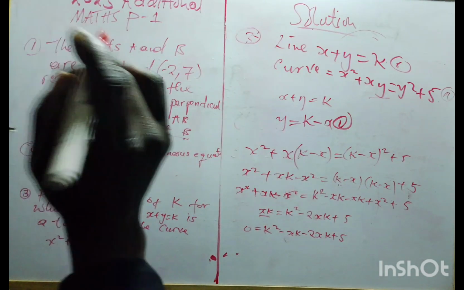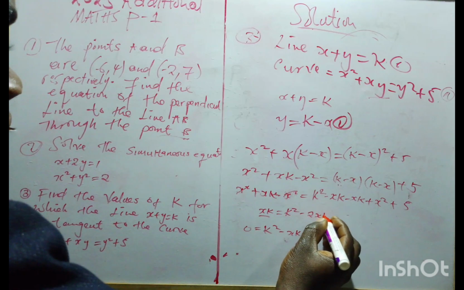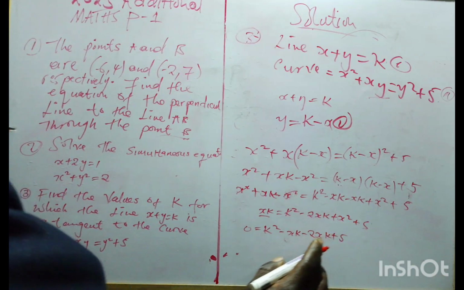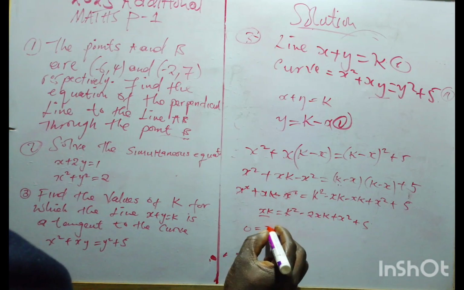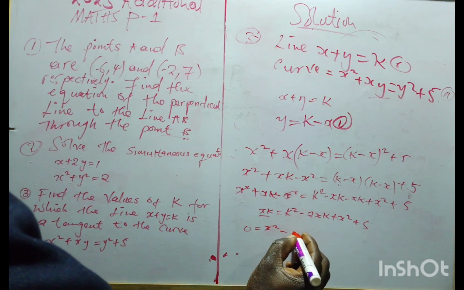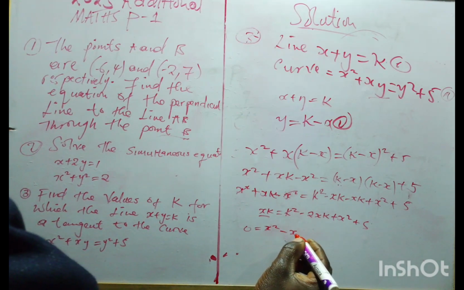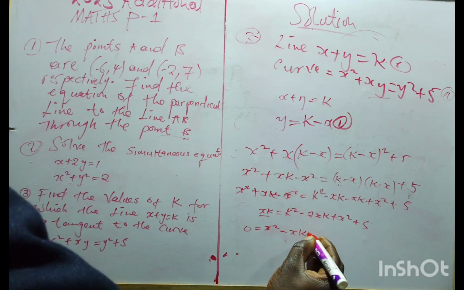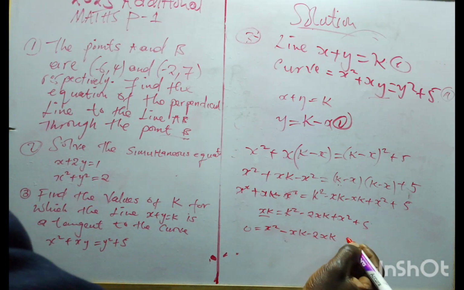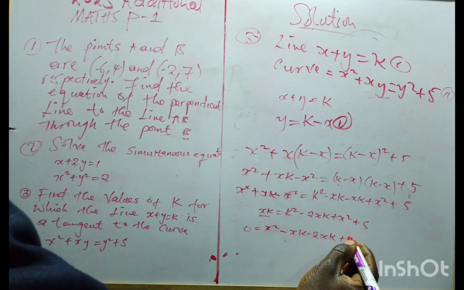Okay, k squared minus 2xk and plus x squared and plus 5, in which here the x in standard form, x squared, then minus xk minus 2xk, then plus 5.